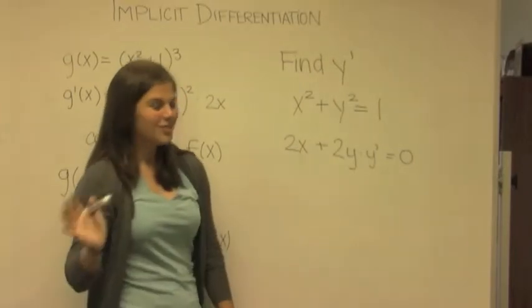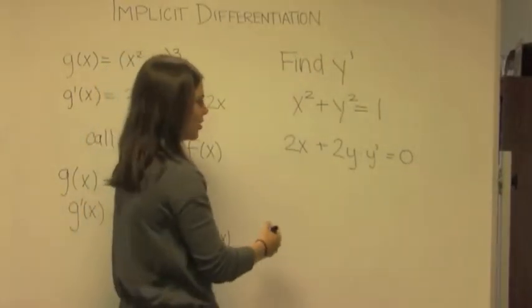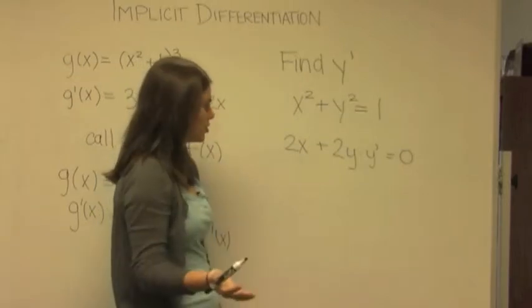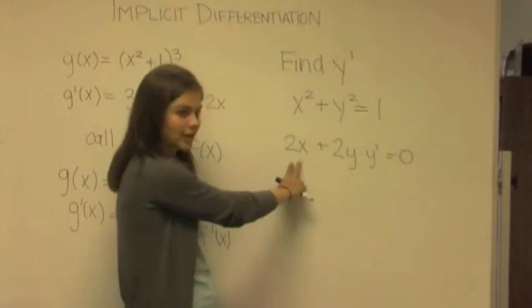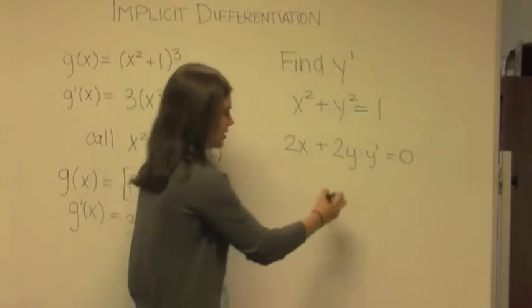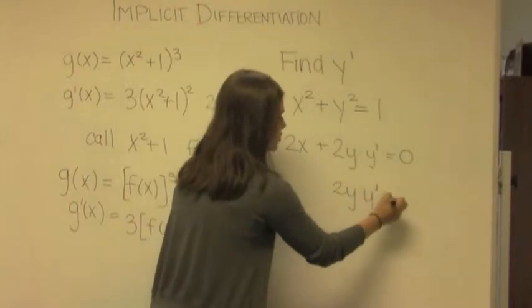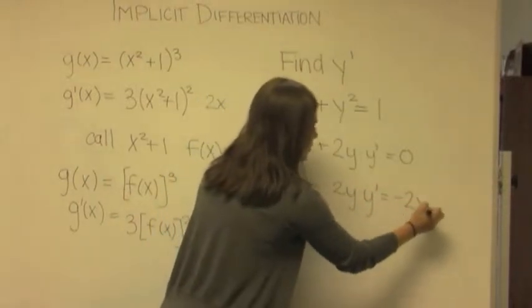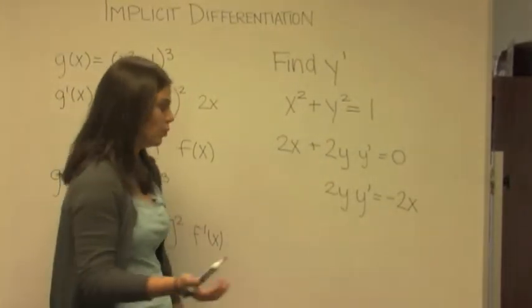But we're not done. We need to find y prime. That's what the instructions said. So we just use algebra to figure out what y prime is. So I'm going to subtract 2x from both sides and get 2y times y prime equals minus 2x. And then I'm going to divide both sides by 2y.